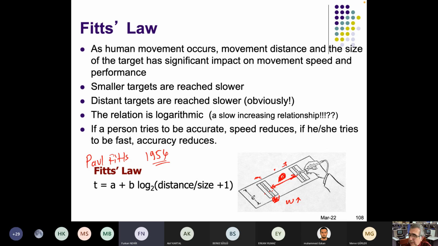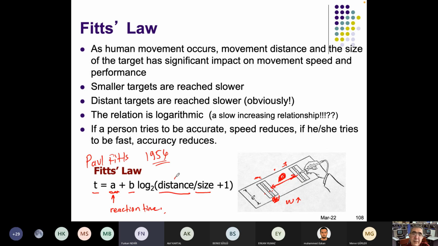Fitts' law was saying that the time it takes is some certain constant, that is what reaction time is, plus a coefficient times the logarithm of distance over size.